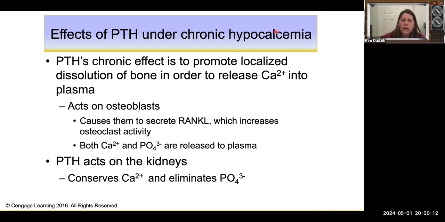So only under extreme cases of hypocalcemia does parathyroid hormone actually get calcium by dissolving bone.